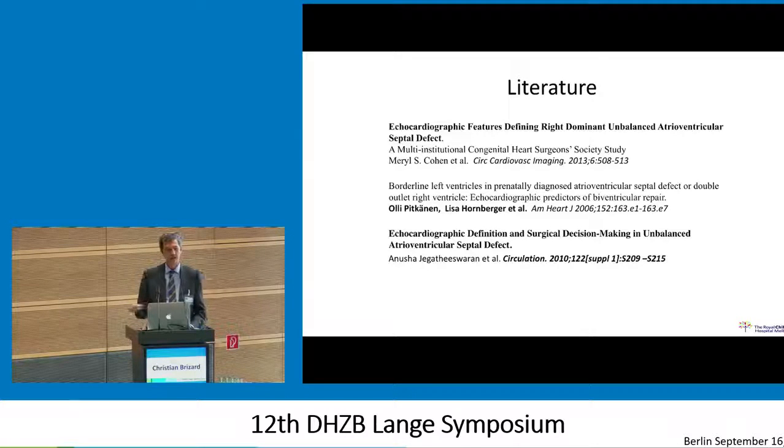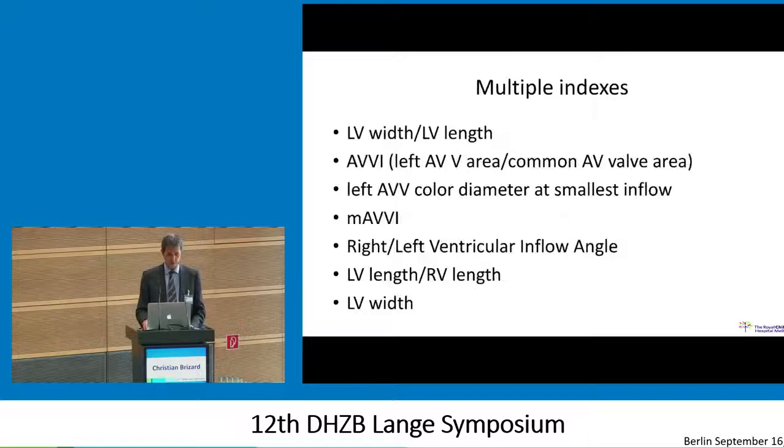There is a significant literature, as you have heard from Dr. Obrutsky, of trying to determine indexes that would be able to characterize the best patient for a biventricular repair and give some type of prognostic for a biventricular repair. Some of these papers are quoted here, and the indexes are multiple.